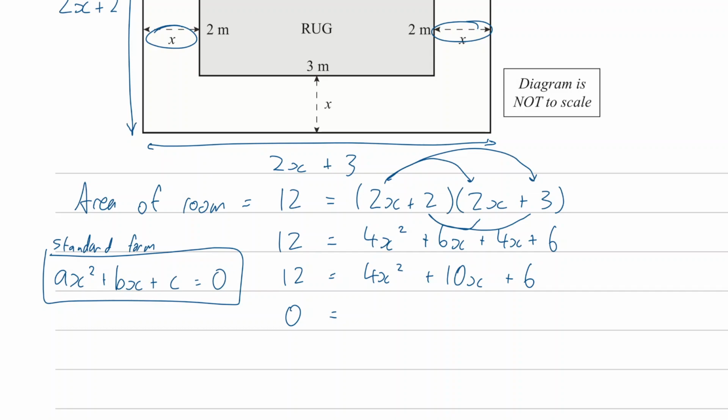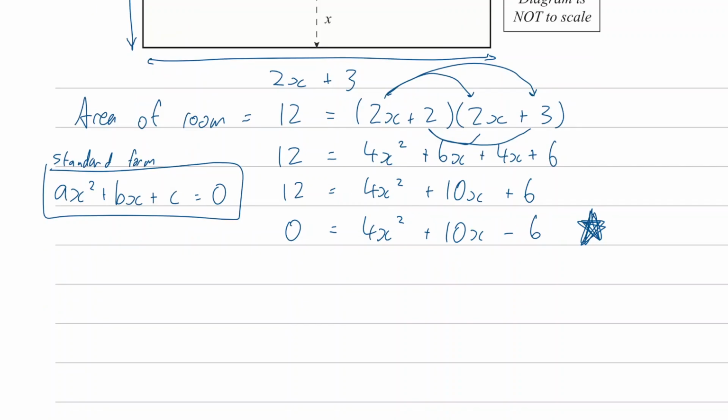So from here, we can solve for x. Just looking at the coefficients, or the terms 4, 10, and minus 6, they are all even numbers. So we could divide everything by 2. But 0 divided by 2 is still 0, so that's fine.